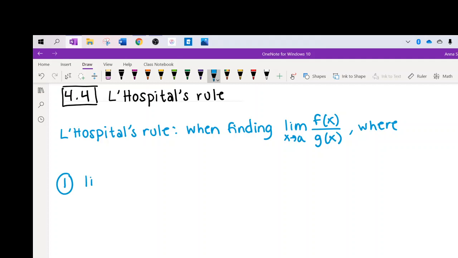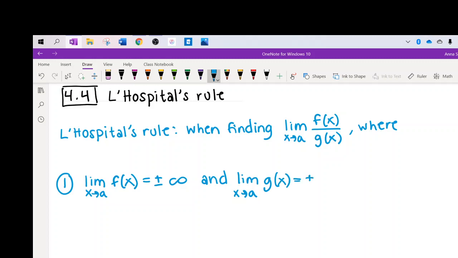One is if the limit of the numerator is equal to plus or minus infinity, and the limit of the denominator is also equal to plus or minus infinity. And by the way, they don't need to be the same type of infinity. The numerator could be going to plus infinity and the denominator to minus infinity, or vice versa. That part doesn't matter, as long as both of them are going to some sort of positive or negative infinity.